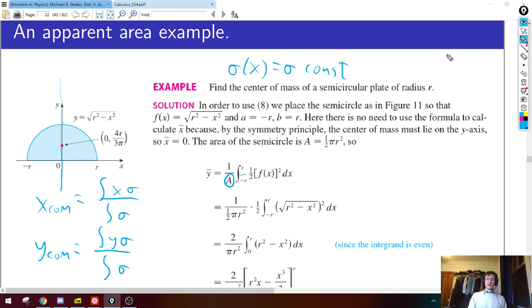Okay, but here, wait, is that true? F of x, why is it squared? I've confused myself. So y would be the square root of r squared minus x squared, but they're squaring it because, why have I confused myself? This should be the integral of y times sigma dy, right?